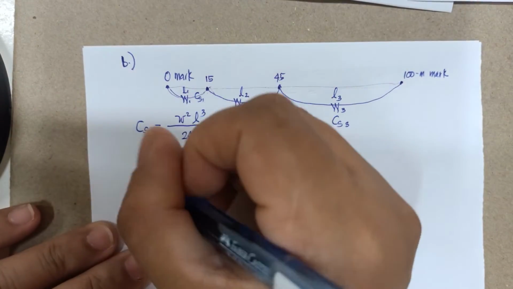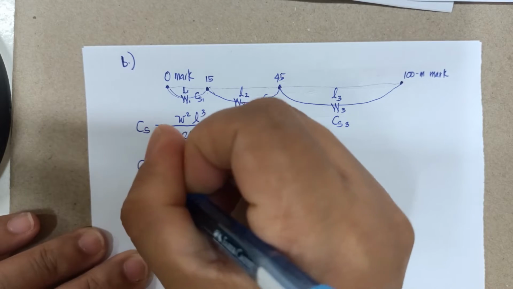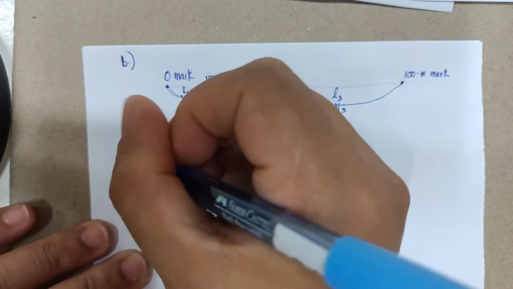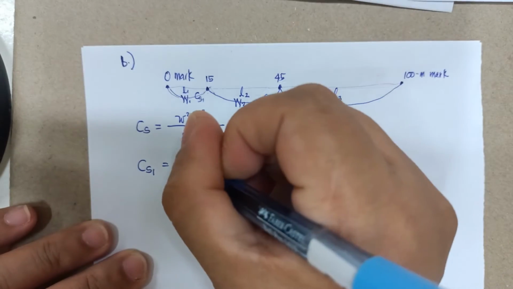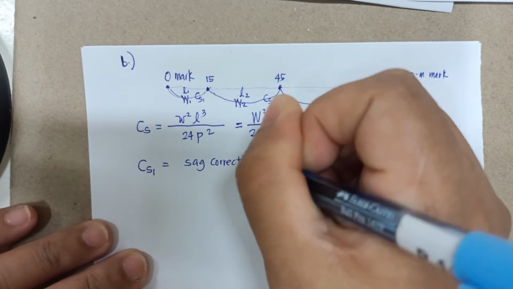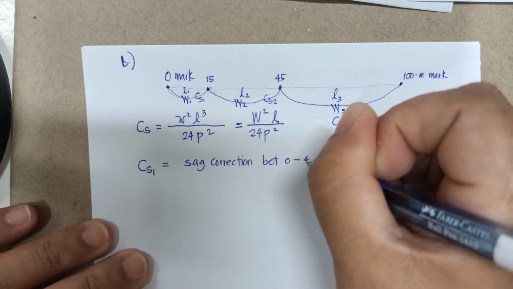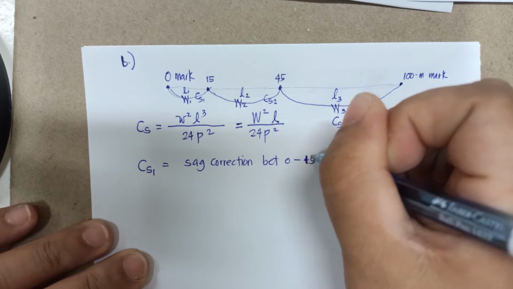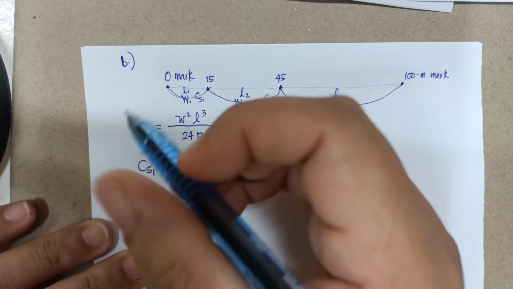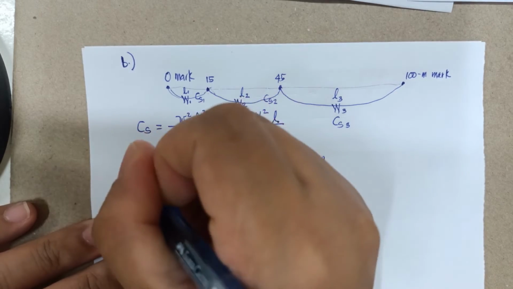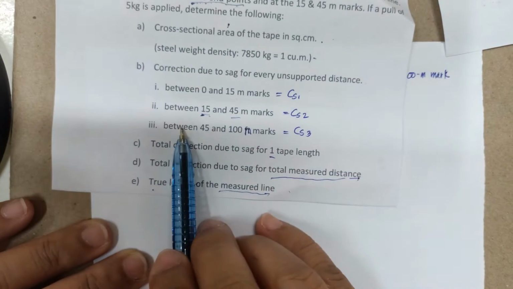So we have here CS sub 1. This is the sag correction between 0 to 15 meters. So basically that is letter I in our problem.